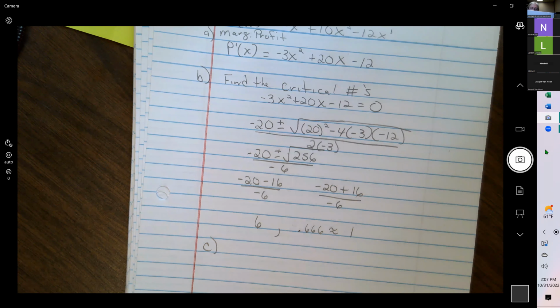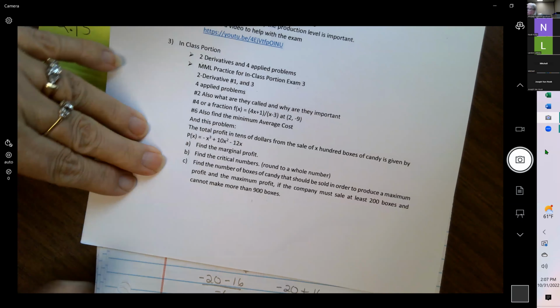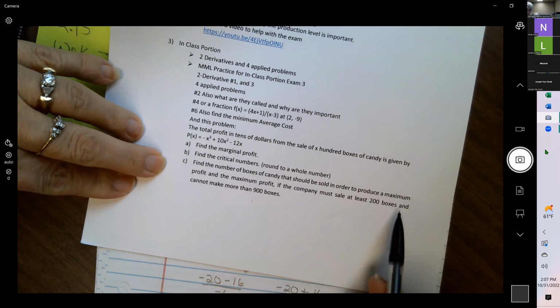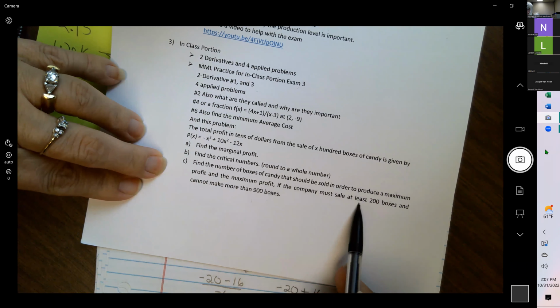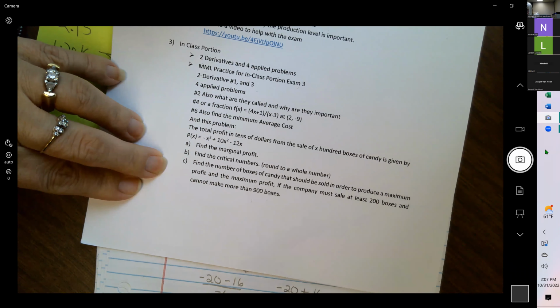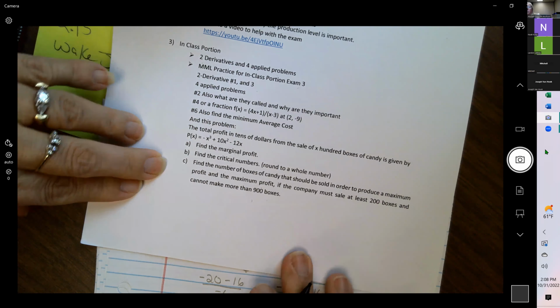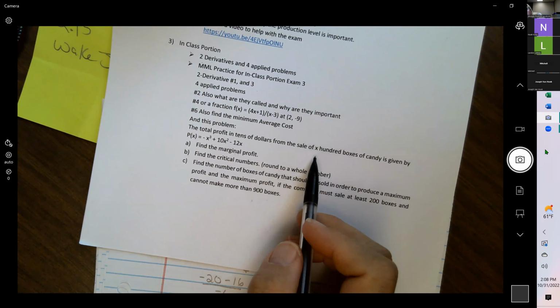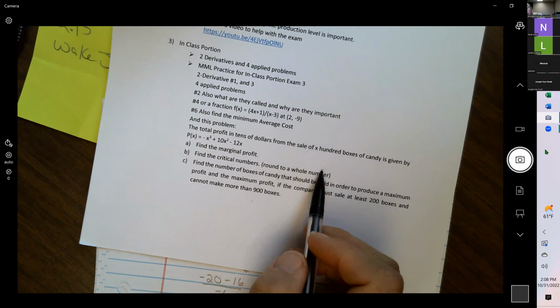Find the number of boxes of candy that should be sold in order to produce a maximum profit. And what is the maximum profit? If the company must sell at least 200 boxes to 900 boxes. X was in hundreds, so you want to be careful when units are changed.